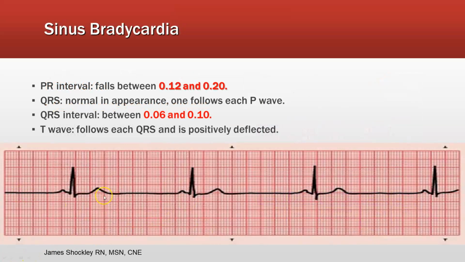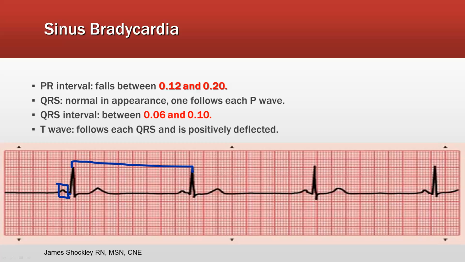Here's kind of what it looks like. Again, we see an increase in the distance between my R to R's, but everything else is the same. PQRST, PQRST. This client has, it looks like, a little bit of a Q. The PR interval is fairly normal.